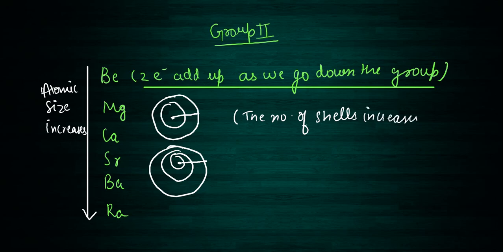Hope it's clear. So the trend in group 2 elements comes out to be beryllium, magnesium, calcium, strontium, barium, and radium.